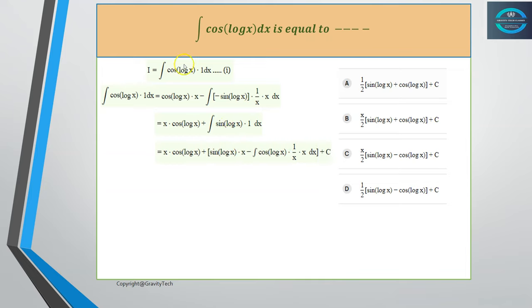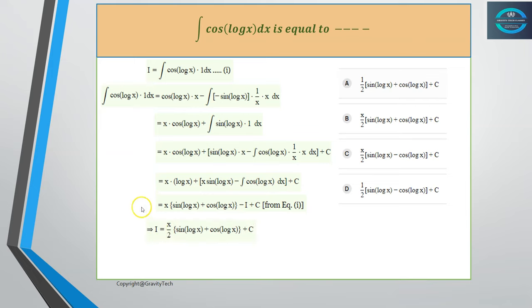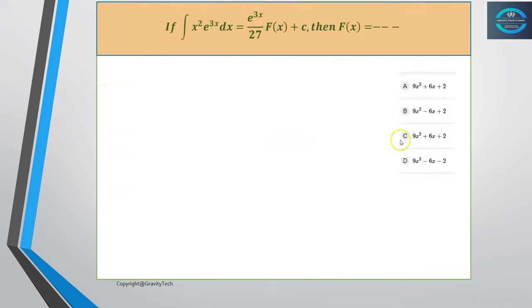For sine of log of x, use the same rule again: u times the integration of 1 minus the derivative of sine, that will be cos log of x upon x, into the integration of 1, which is x. The x cancels, and this becomes like this. Then this is I, it will go on this side and become 2I. This 2 will come on the other side and divide. So x by 2, and that's the answer: x by 2 times sine of log x plus cos of log x plus c.